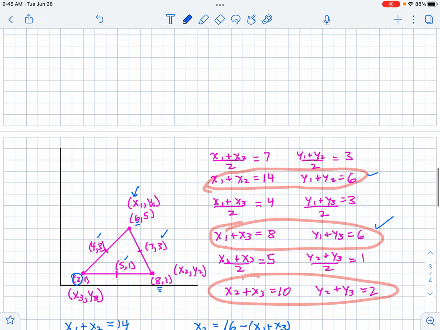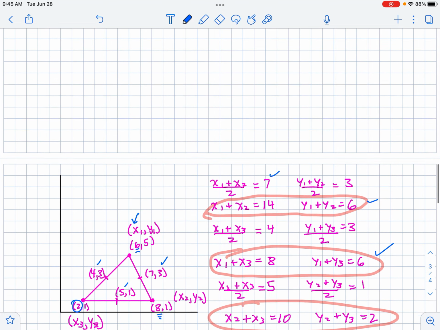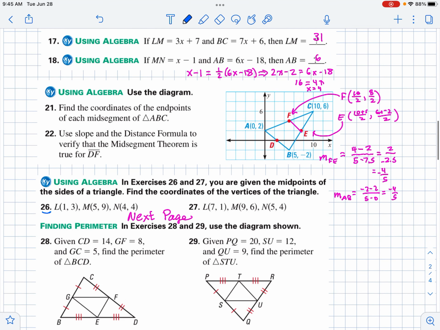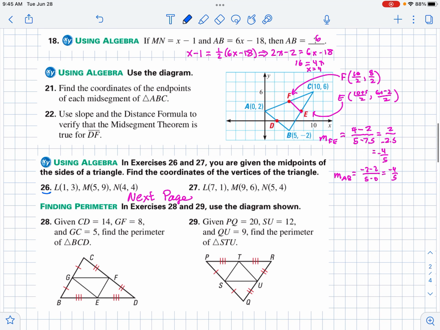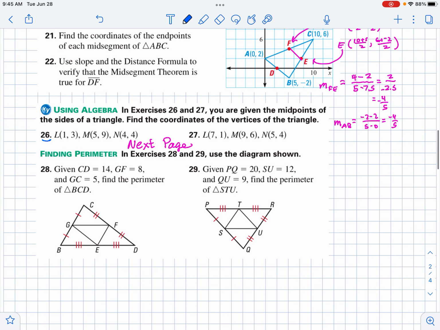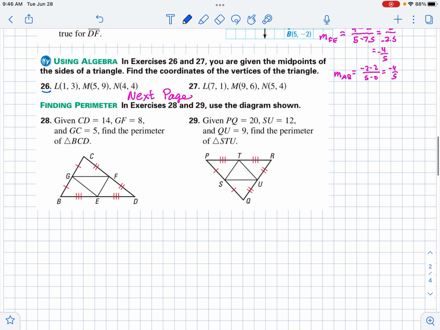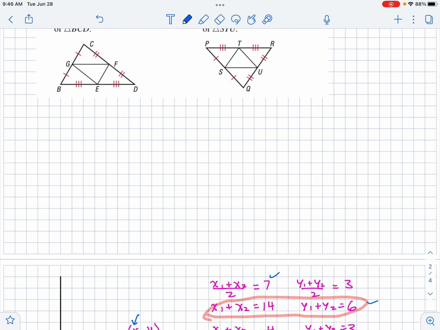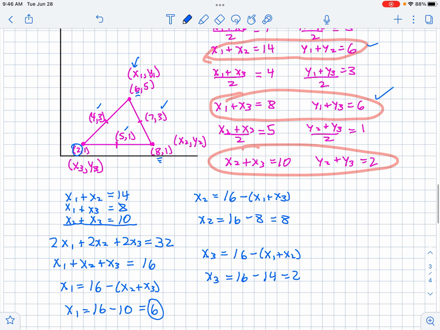I had x1 plus x2 equals 7, then I had x1 plus x3 equals 4, and then I matched up all of them: x1 and x2, x1 and x3, and x2 and x3. So don't get too bogged down in making a triangle that makes sense. Just the algebra alone, if you work through all the possibilities, you'll get it. Just be consistent. So I think that will help you, and let me know if you have any further questions about that.